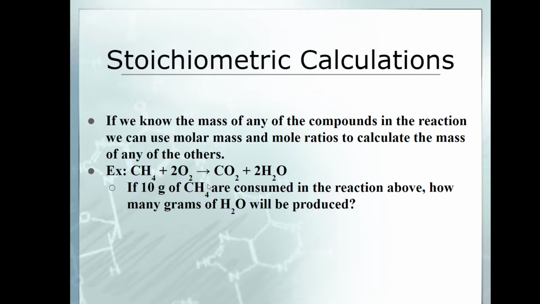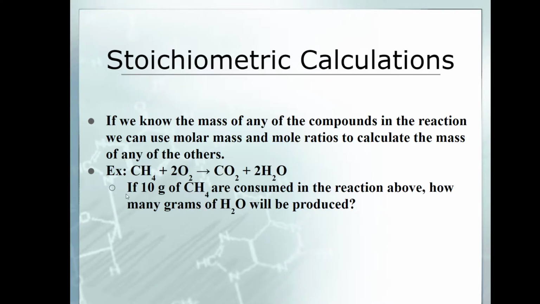Right? So the way that's going to work is you'll be given the equation. Usually I'll make you balance it, but since we've used this reaction a bunch of times, I'm just giving you the balanced version. And then the question will be something like this here, where it asks if you have 10 grams of CH4 that are consumed in the reaction above, how many grams of H2O will be produced?